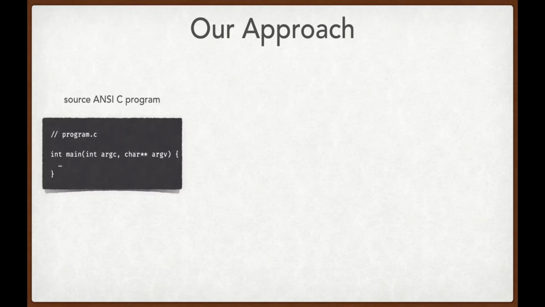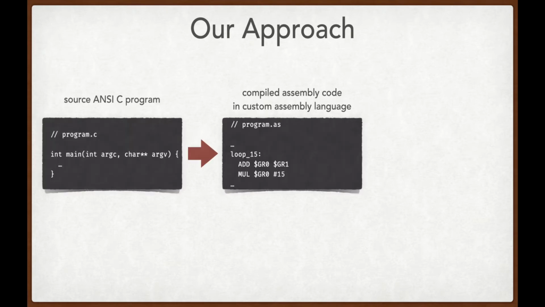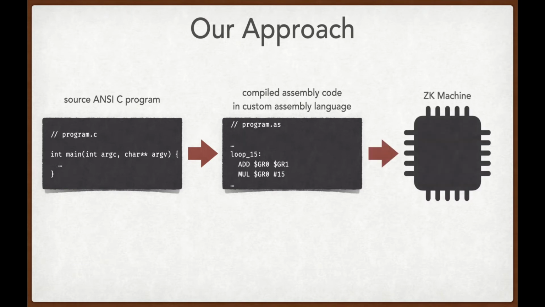At a very high level, our approach to handling ANSI C programs as zero-knowledge proofs is as follows. We start from some source C program. Then we compile the C program down to a custom assembly language using a custom compiler. From here, we host this assembly language on a virtual machine. This virtual machine can be understood as a sort of processor.